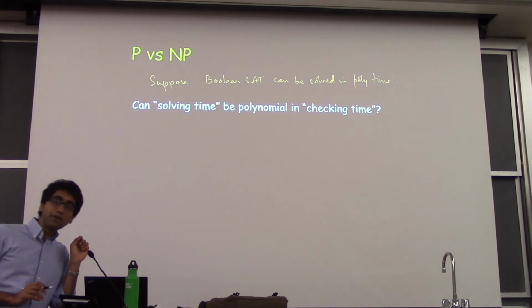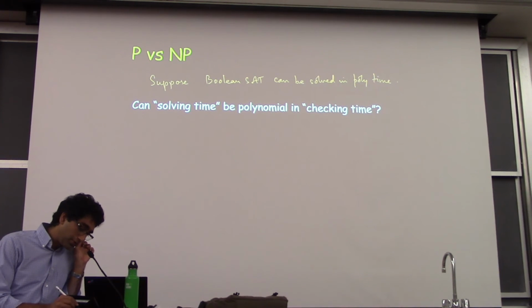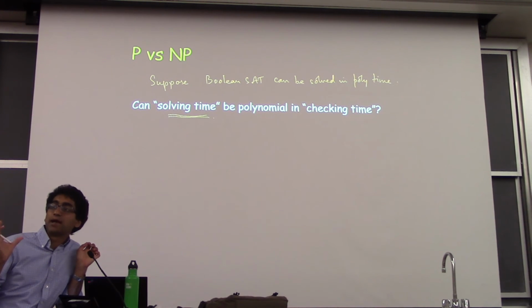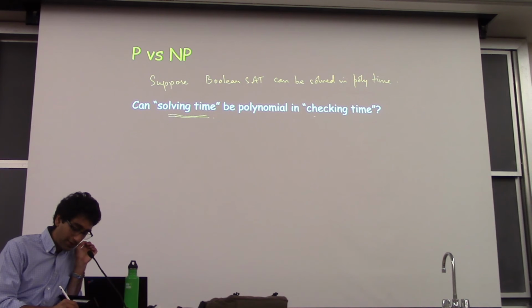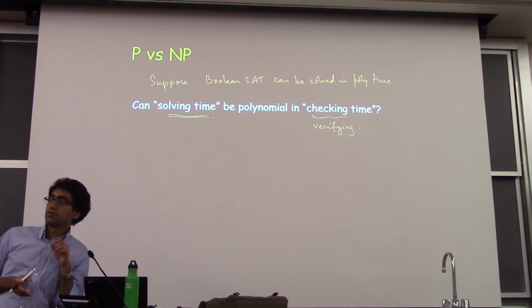Then what this previous argument is saying is that, in some sense, the solving time for this is polynomial in the checking time. Okay, so this is the verifying time. Is this point clear?